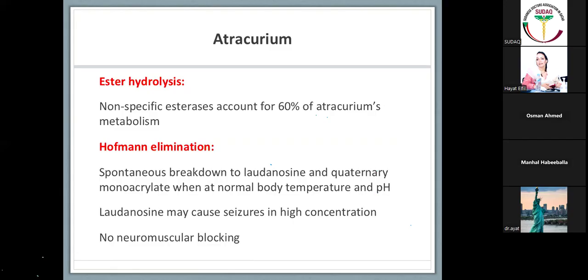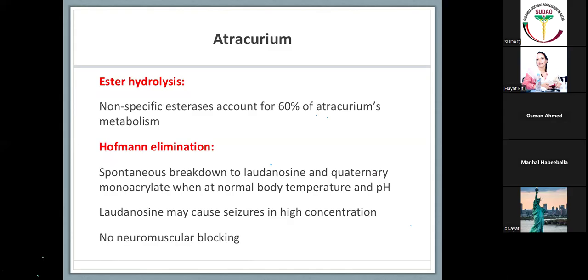The ester hydrolysis is by non-specific esterases, and it accounts for around 60% of atracurium metabolism, while Hofmann elimination is a spontaneous breakdown of atracurium in the blood, and it produces laudanosine and quaternary monoacrylate. So these are the products of the breakdown of atracurium.